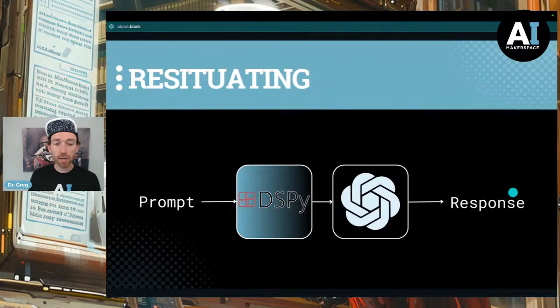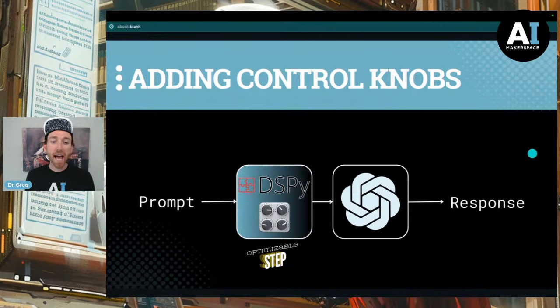So let's resituate ourselves here, and let's consider that we have prompt-response pairs. The way I like to think about DSPy is we're adding control knobs in our optimizable step that we didn't have before. We're now allowed to move these knobs and see how the response changed.